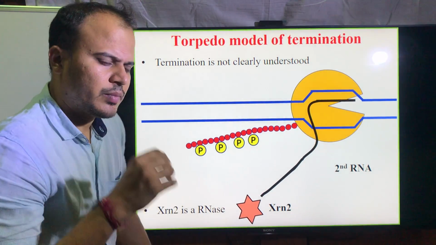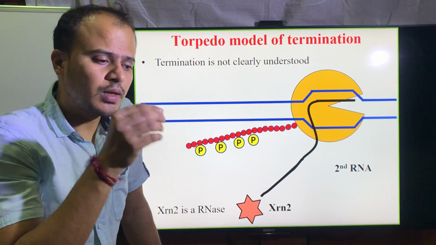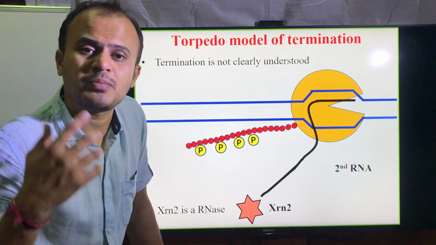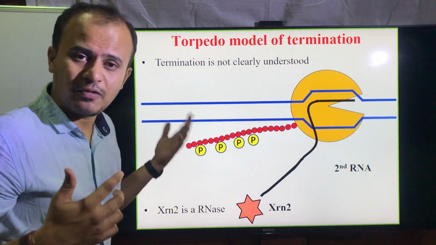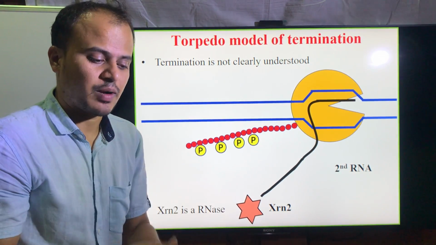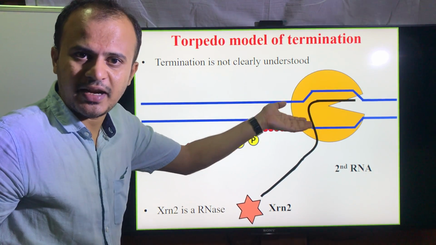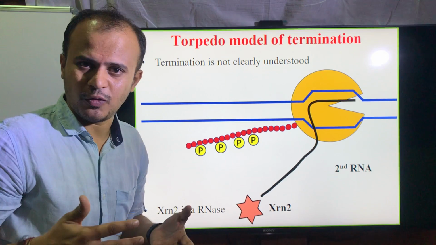Then every process should come to an end. The second RNA has no function. It may be biologically inactive because only the first mRNA is capped and is from the beginning of the gene. We don't know the function of this second RNA, which is unnecessarily being produced with thousands of nucleotides.